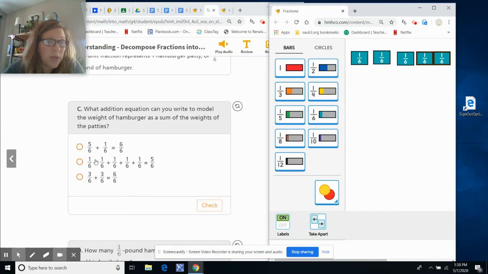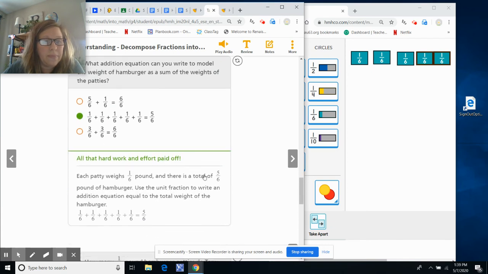So in this case, which equation looks like our model over here? And that would be number 2, 1/6 plus 1/6 plus 1/6 plus 1/6 plus 1/6 equals 5/6.